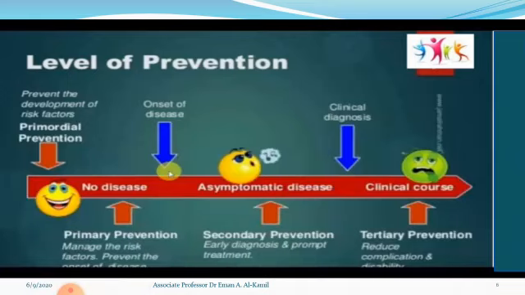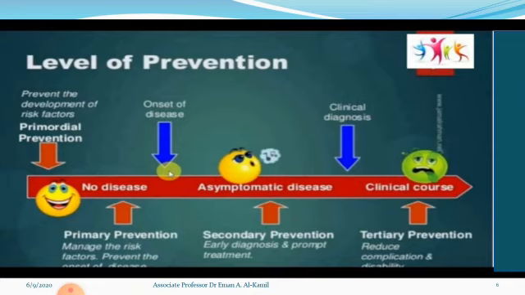So, the primordial prevention should be applied before the occurrence or establishment of the risk factor, and this is mostly done, as we mentioned previously, by health promotion. So, we always educate people to modify their diet or their lifestyle in order to prevent the establishment of the risk factor.